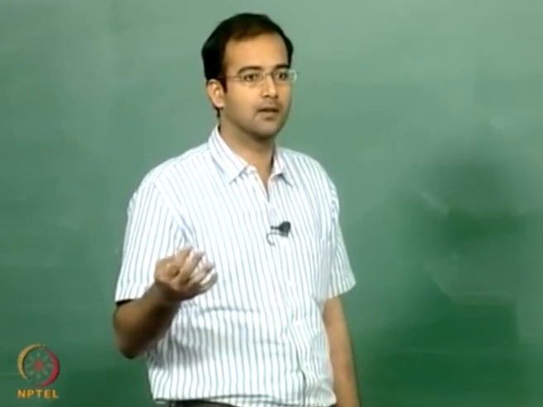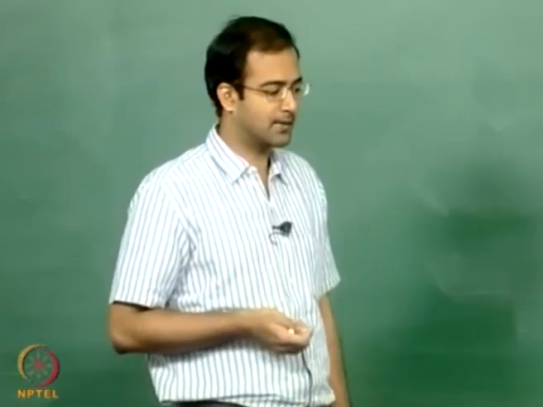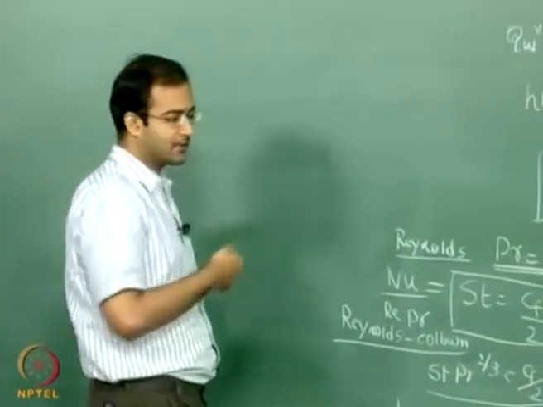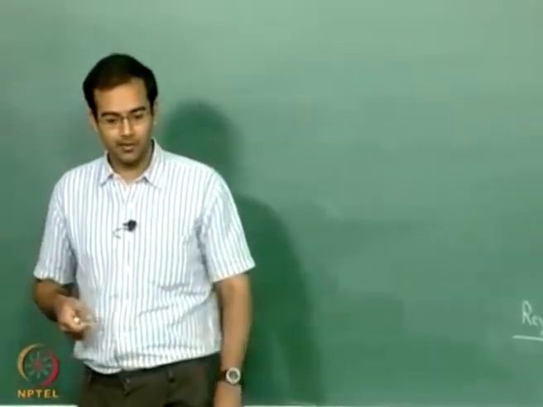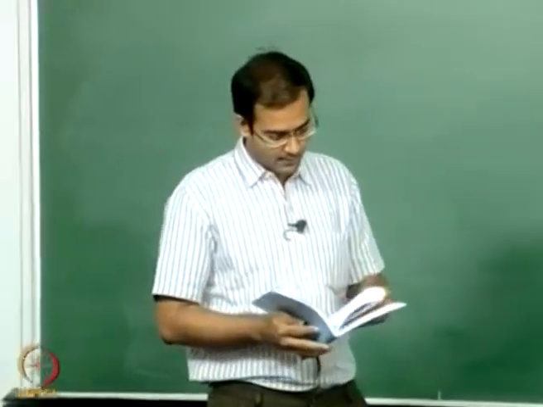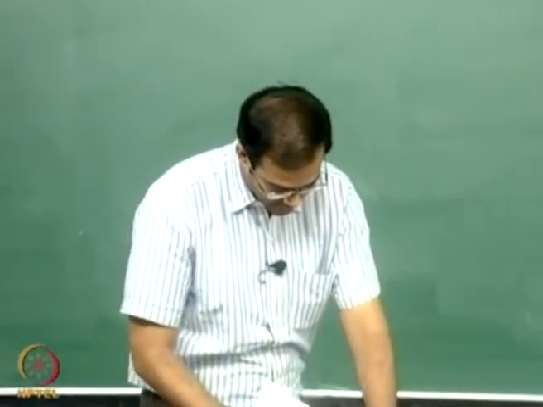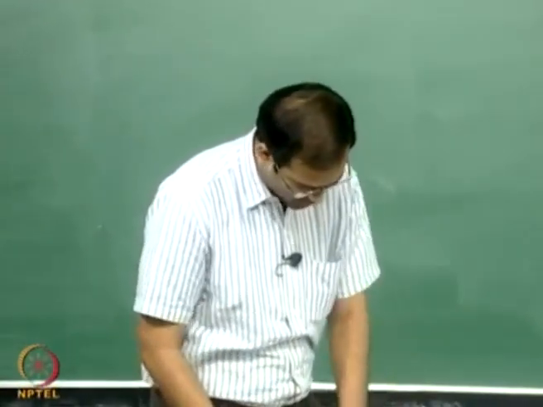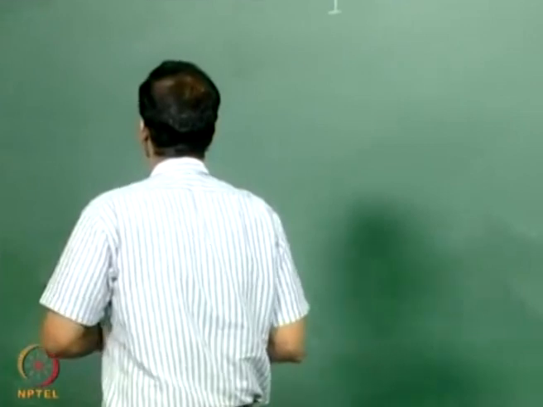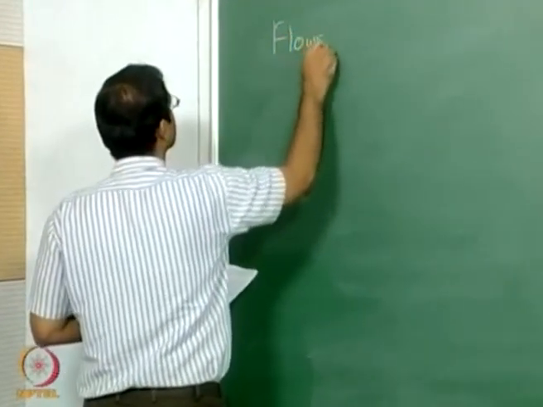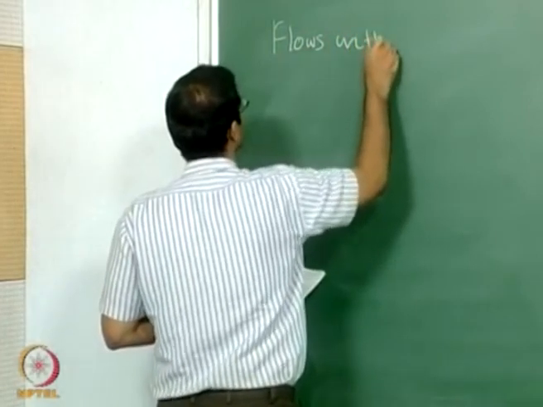So we are more interested in the Nusselt number and things like that. With that, I think you can show and derive this yourself. It is not that difficult. I think you can do it. I am not going to spend time on it, and therefore with this we will move on to the Falkner-Skan type of flows. Okay, so these are flows with pressure gradient.